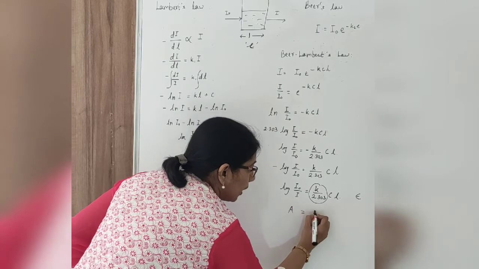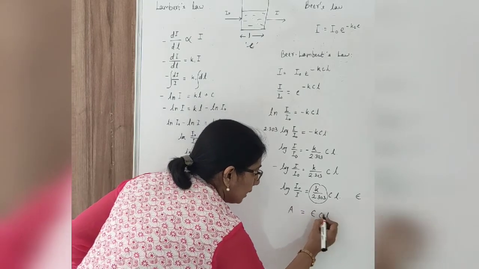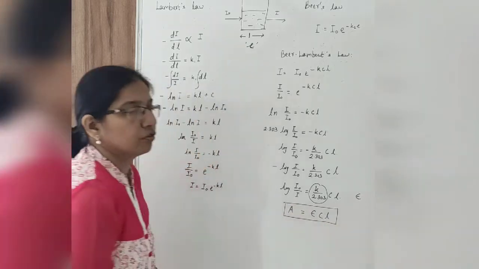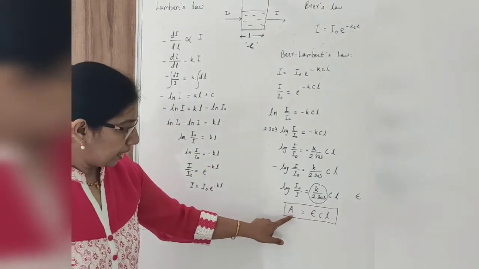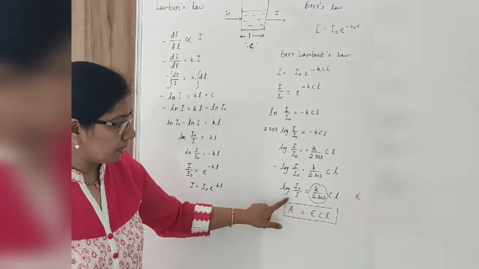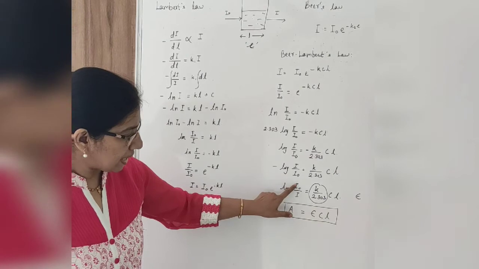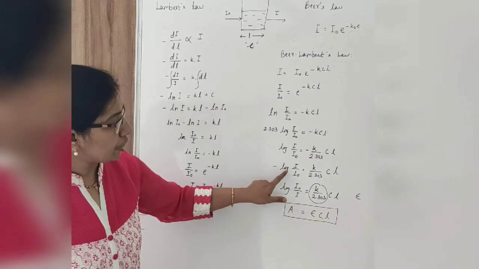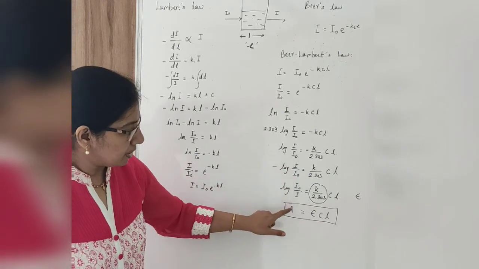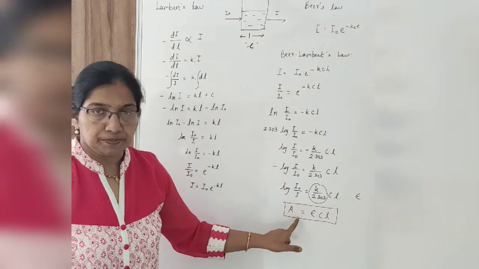A is equal to epsilon Cl. This is a very important equation in colorimetry. A is absorbance. What is absorbance? Absorbance is either log of I0 upon I or minus log of I upon I0. Both these terms are equal.